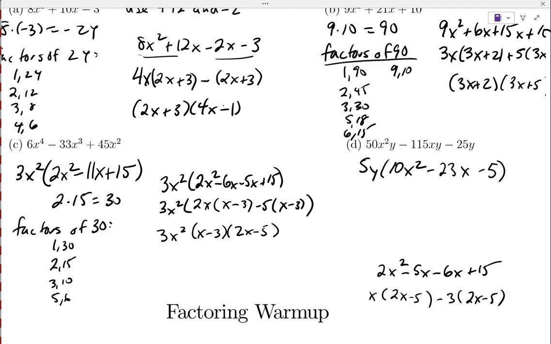And then just like the last ones, we're going to multiply the 10 and the negative 5 together. Get negative 50.